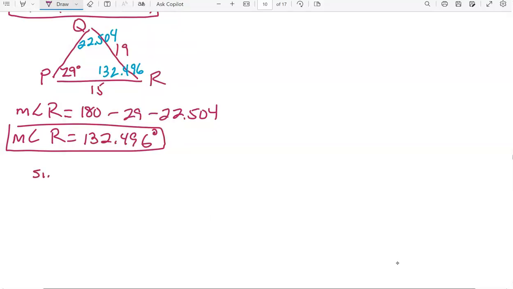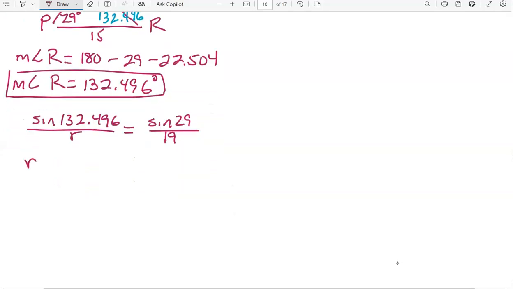So sine of 132.496 divided by the unknown side r that is opposite angle R equals sine of 29 degrees divided by 19. And remember, you can use whichever angle you want for the other pair, but I like to use the one that hasn't been rounded so that I don't have to worry about my accuracy.